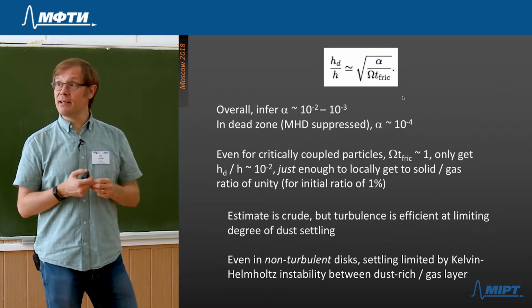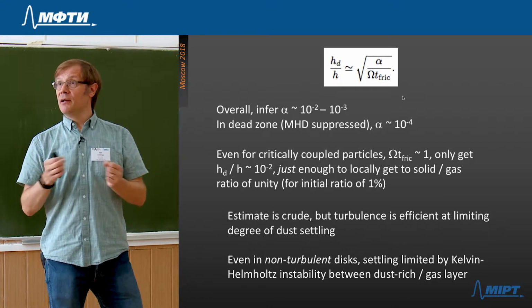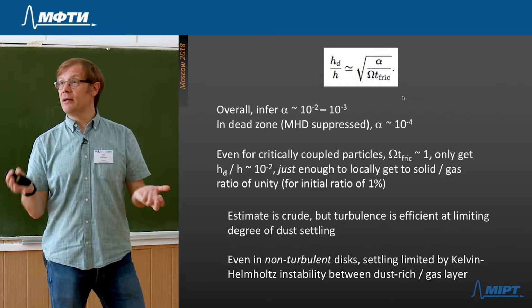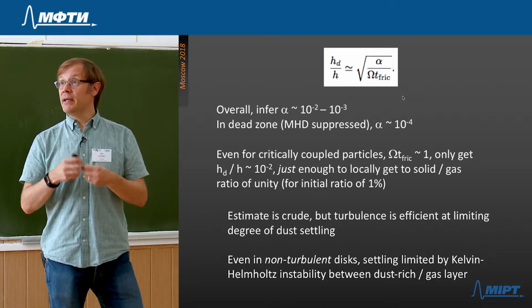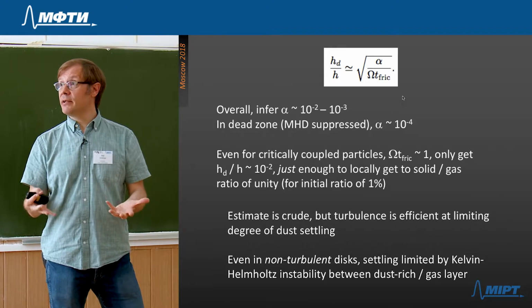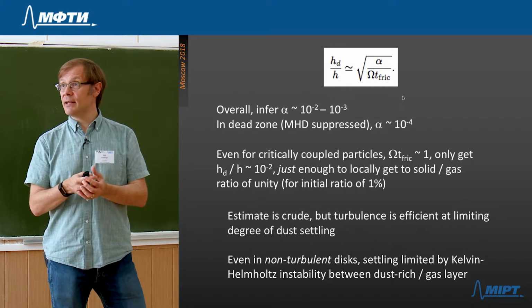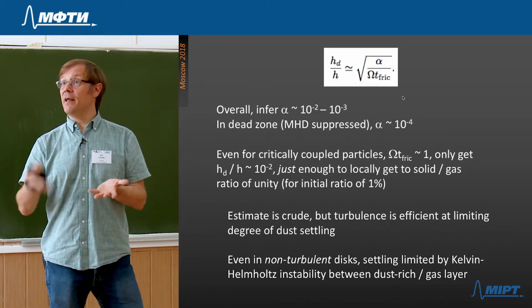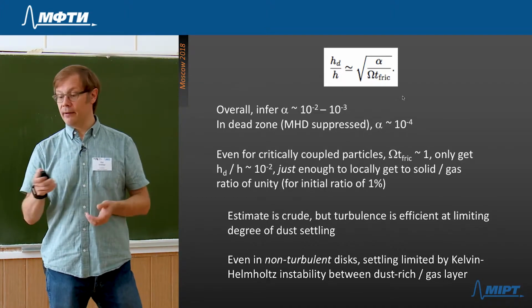And that will be important later, because some models for making planetesimals, kilometer-sized bodies, require us to be in strongly solid-dominated conditions, where the solid density exceeds the gas density, maybe by a factor of 100. So the solids are really dominant.